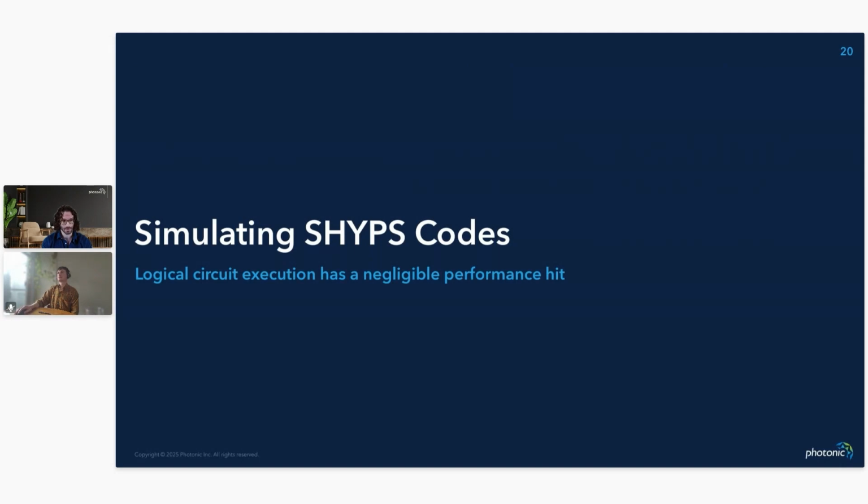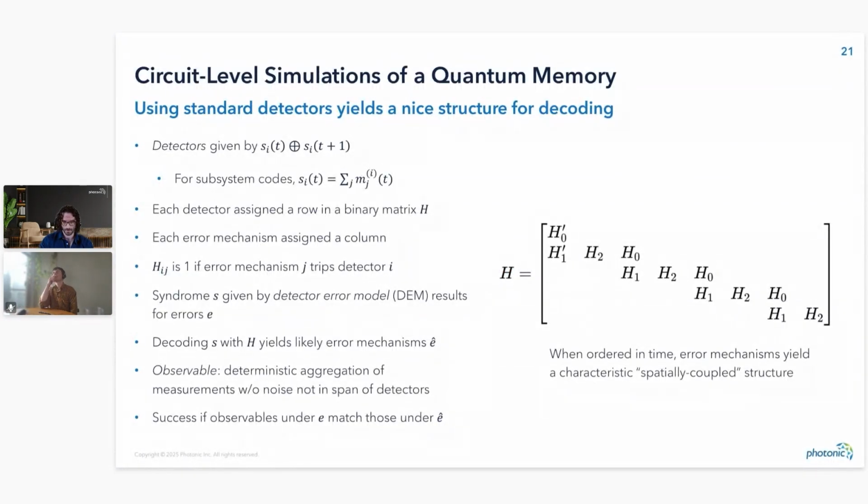And in order to study this, we'll use the gold standard for addressing the performance of codes, which is just circuit level noise. Okay, so if you are familiar with circuit level noise, this slide will be obvious to you.